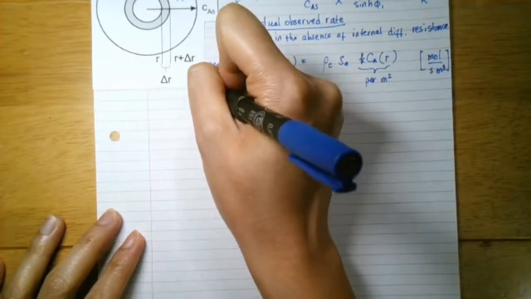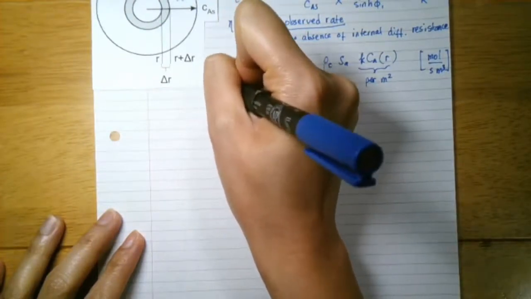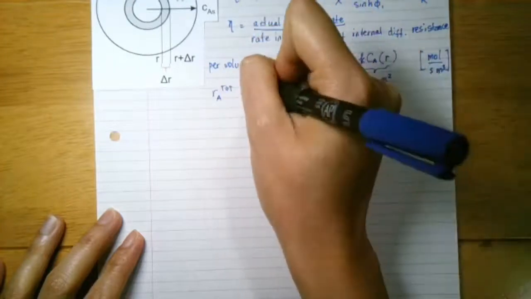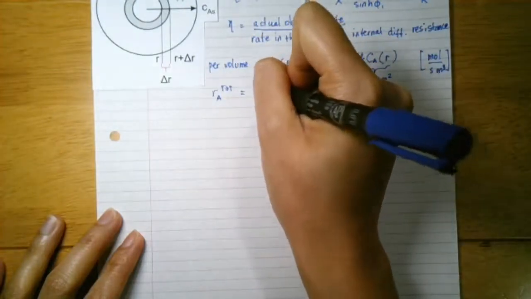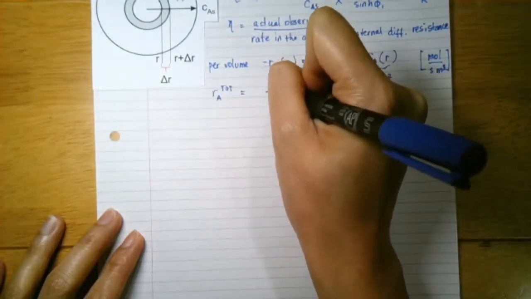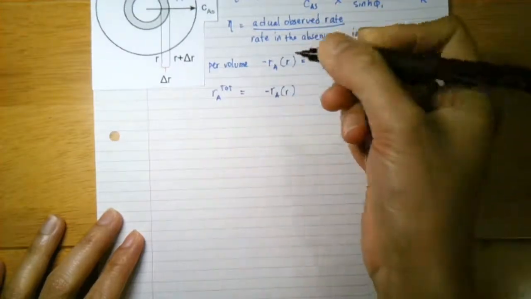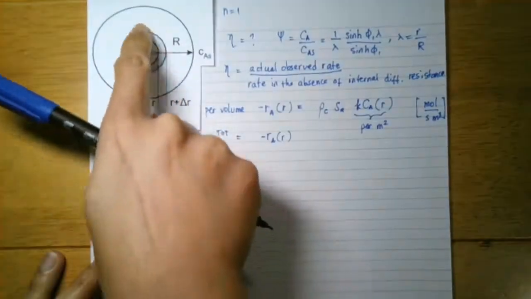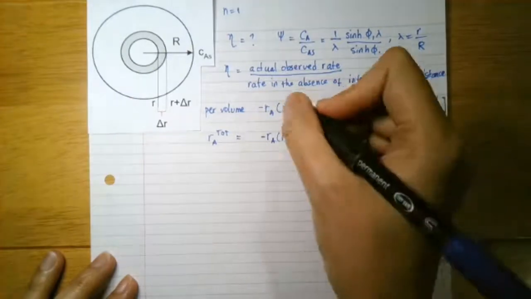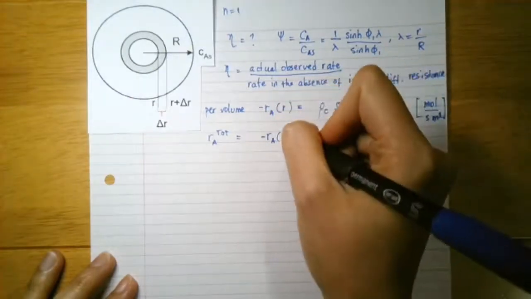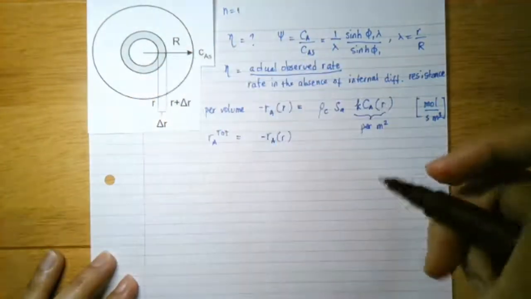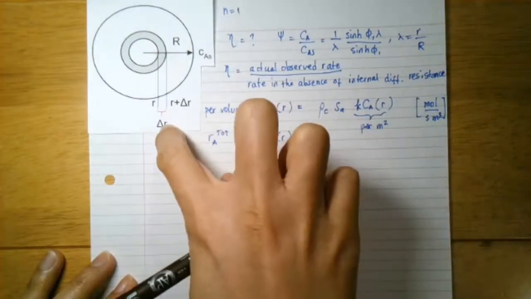So the total rate, RA total, is equal to the rate at every point R, per volume, multiplied by the volume of the control volume, which is the surface area of the control volume times its thickness.